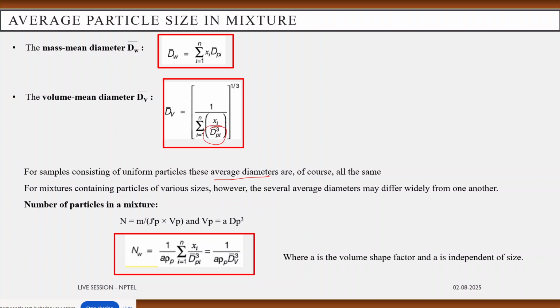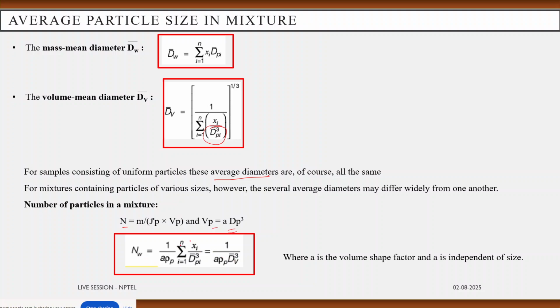The next part is that you want to calculate the number of particles in the mixture. So you go through the first equation that we are using in this lecture, where the number of particles is defined in such a way, and the volume of the particle is directly proportional to the average particle diameter cubed.